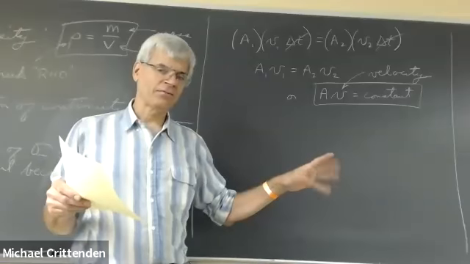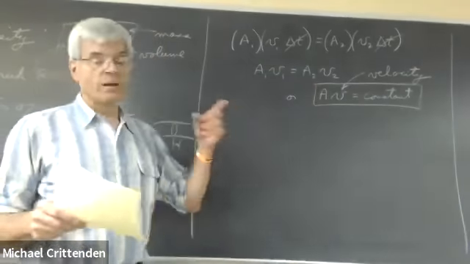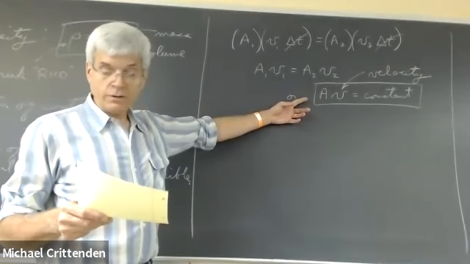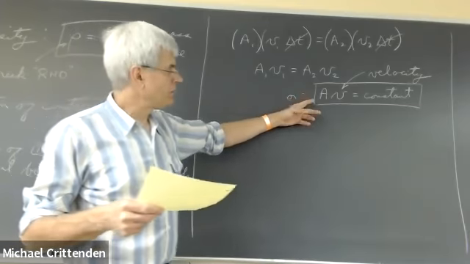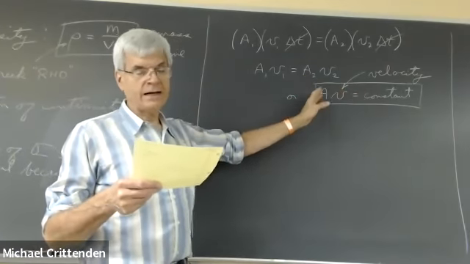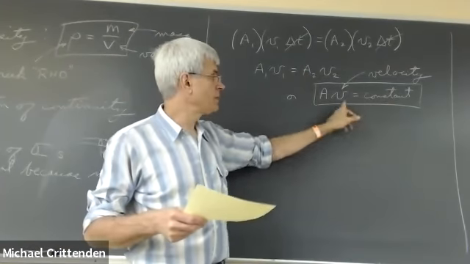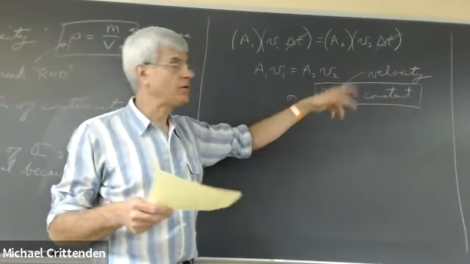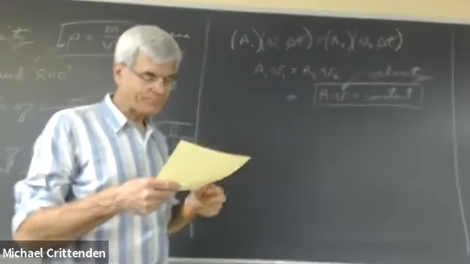Yeah, it acts more or less the same way. It just gets a little more complicated. For example, this equation, if it's compressible, instead of A times V is constant, it becomes A times V times rho is constant. Okay, there'd be a factor for the density also. If the density is always the same, then that part drops out.